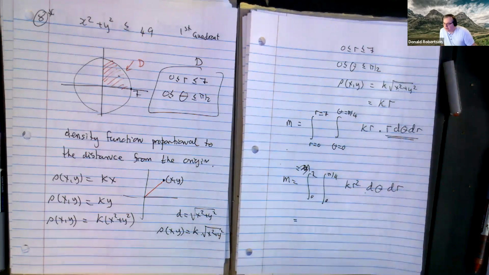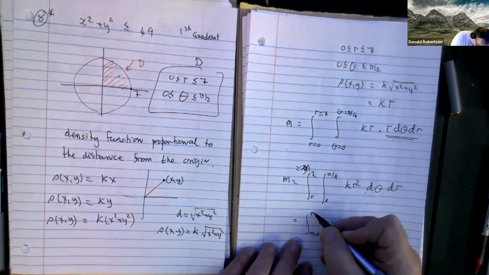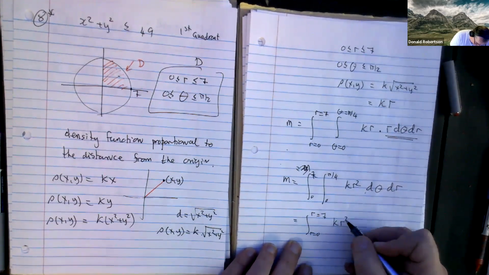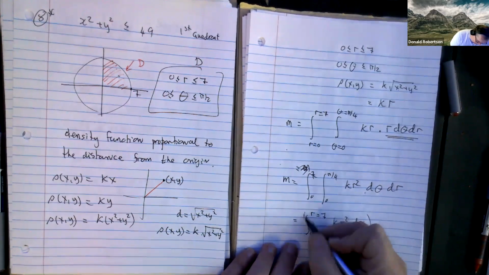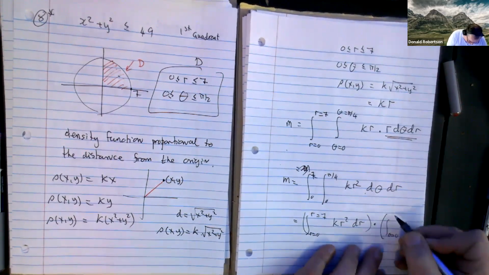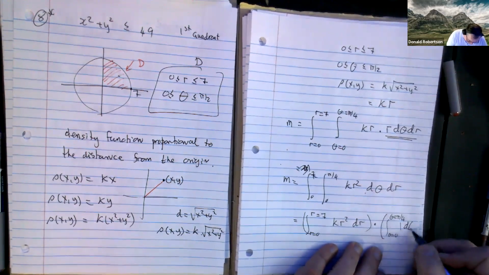One has r's, the other doesn't, right? That kind of thing? Yes. So in this case, it's going to be r equals 0 to r equals 7, kr squared dr, times theta equals 0 to theta equals pi over 4, 1 d theta.